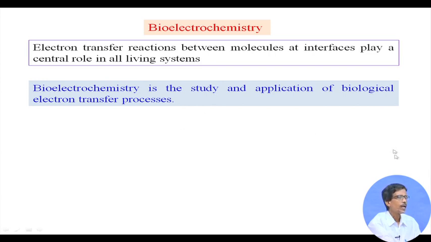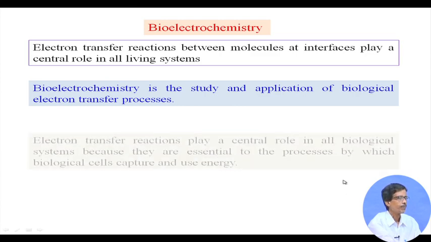All these different electron transfer processes we can initially monitor for their thermodynamic electron transfer potential values, that means the E0 values for the cell formed between the cathode and the anode for that particular electron transfer reaction.